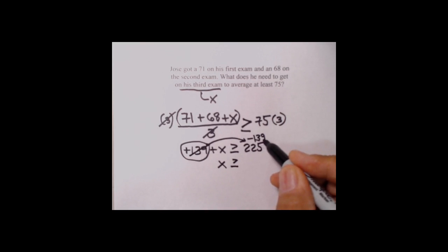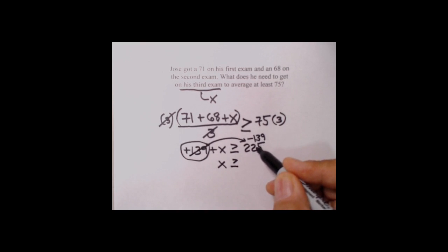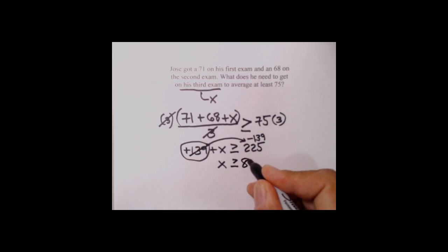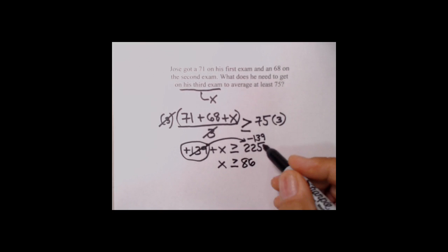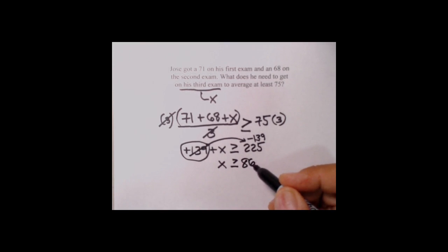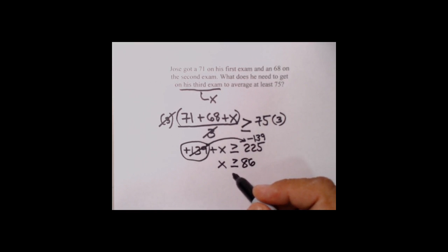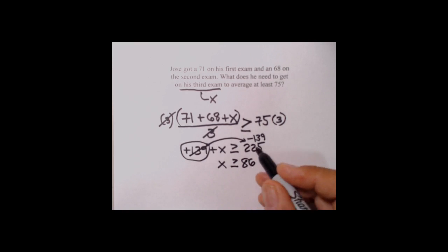Looks like 61 to make 200, so I would think 86. Okay, let's double check this. And 15, 11, 12 looks good. So the score he has to get on that last exam, the third exam, any score 86 or higher, okay, and he'll average 75 on all of his tests.